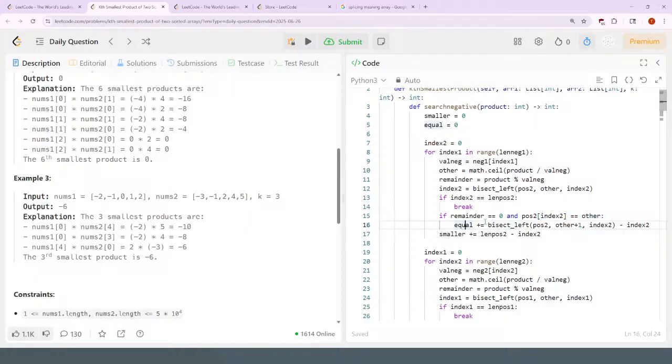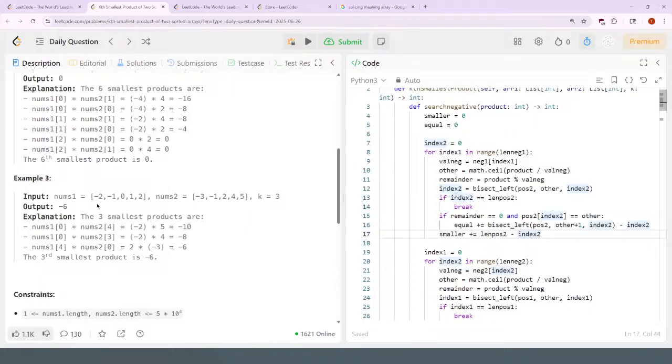And the number of pairings of this negative value with a positive value that is going to give me exactly the product is going to increase by, so I basically search for where this other value stops.